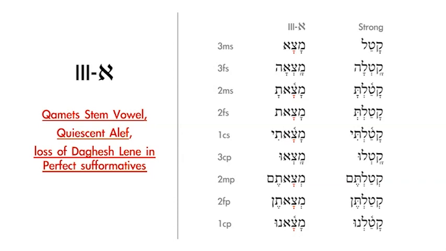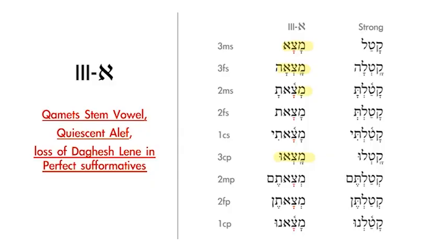You'll see highlighted in red in each of these forms, but here in the 3MS, that the stem vowel has changed from Pathach to Kametz in each of the forms that maintains the stem vowel. It's reduced in the 3FS and the 3CP, so those forms are identical to the strong verb. Now, the reason that the stem vowel has changed from Pathach to Kametz is that the Aleph is quiescent, or silent, in each form.